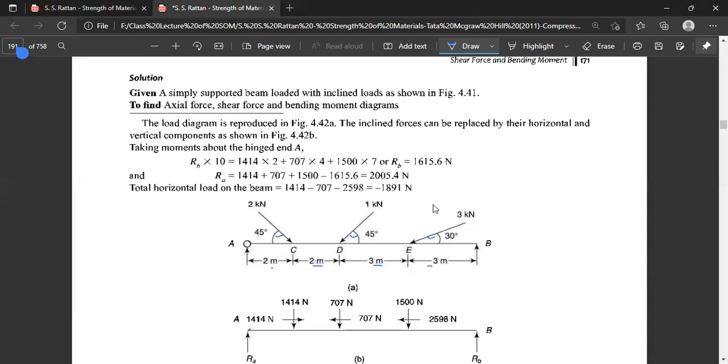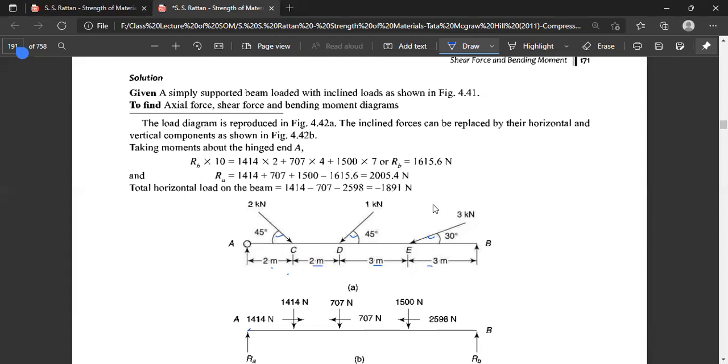That is 1414 multiplied by 2, 707 multiplied by 4, and 1500 multiplied by 2 plus 2 plus 3, that is 7. So RB becomes 1615.6 Newton.